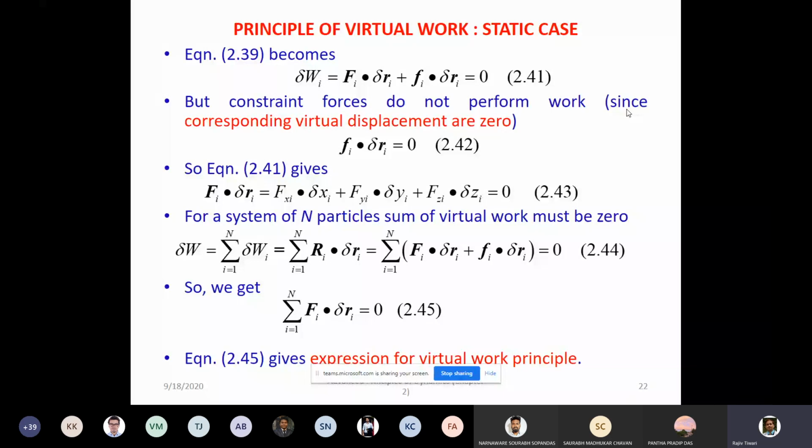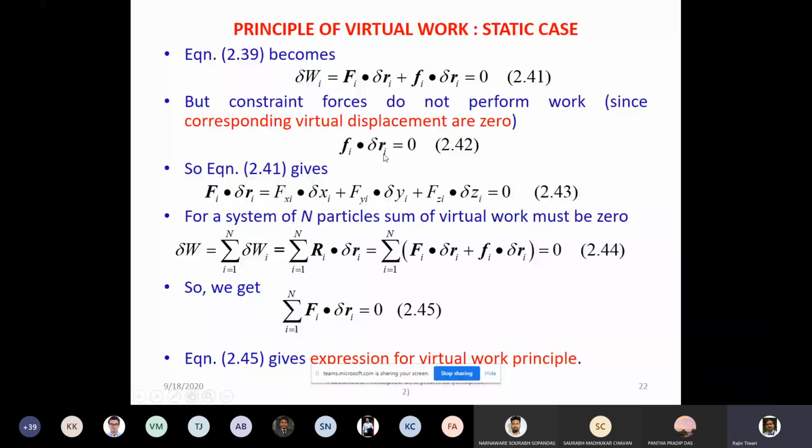So once the original displacement is 0, we cannot give variation to that. So in this equation, even though the reaction forces are there, the variation in the constraint forces is 0. So this term will be 0 because this variation is 0.